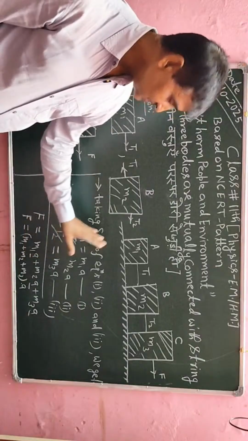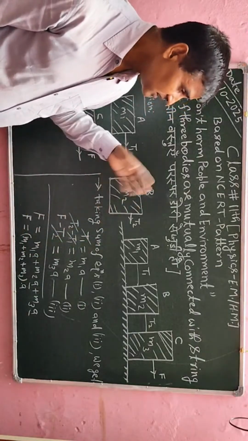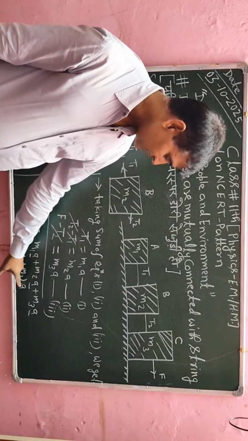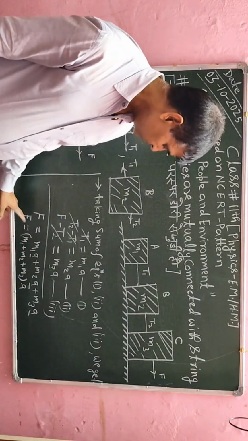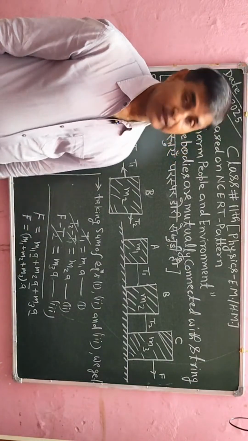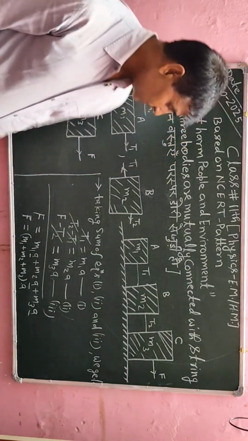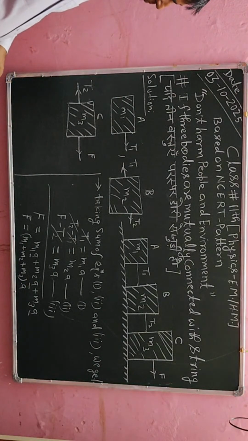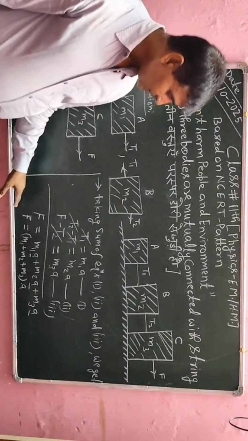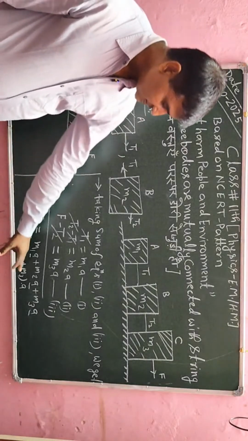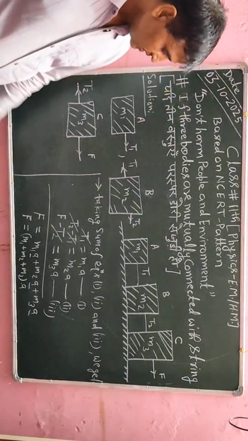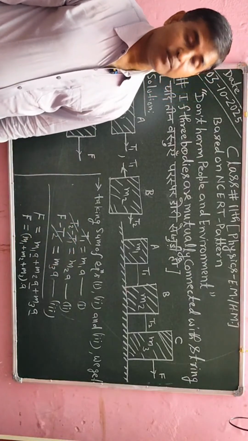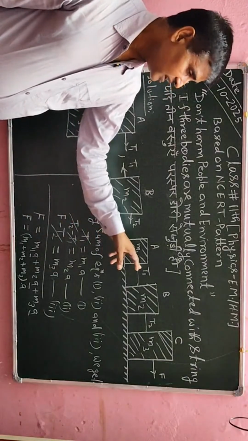Now in this topic, I have to find the common acceleration. So after simplifying I can write A is equal to F divided by M1 plus M2 plus M3. That is the common acceleration value. Now after getting the value of acceleration A, I will put its value in equation number 1, then I will get the value of T1, because that is required in the question.